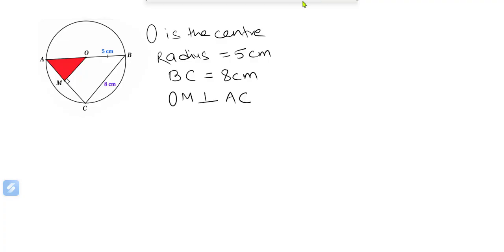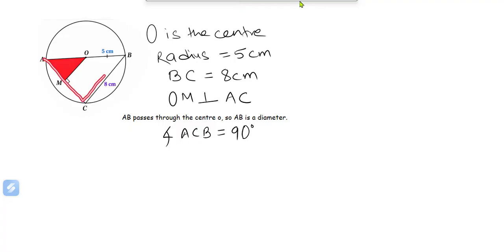Now, since this line is a diameter because it passes through the center, the angle at the circumference is a right angle, because this is the angle on a diameter. So we can say the angle ACB is 90 degrees.